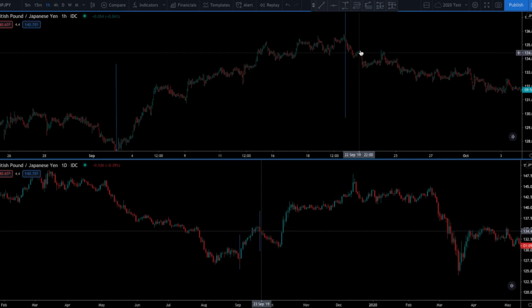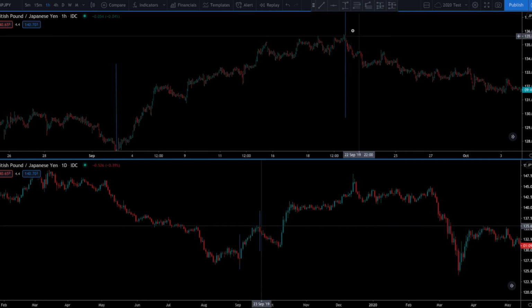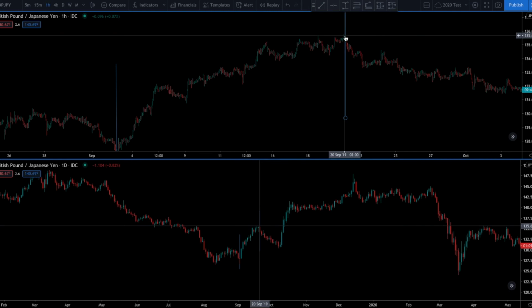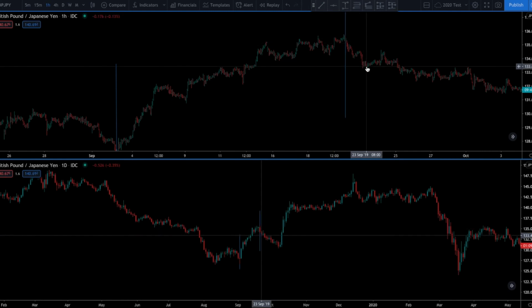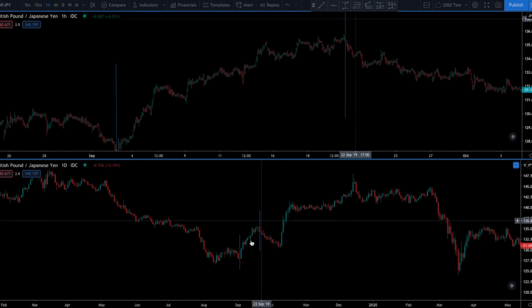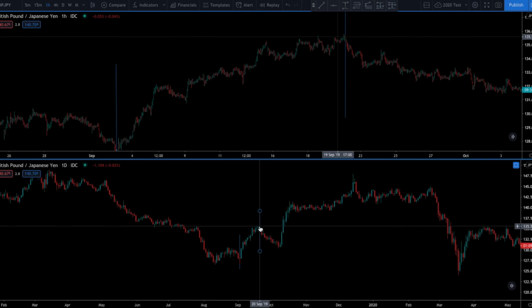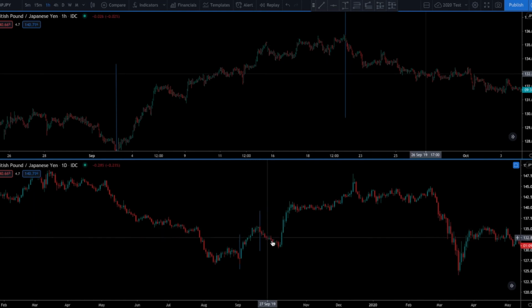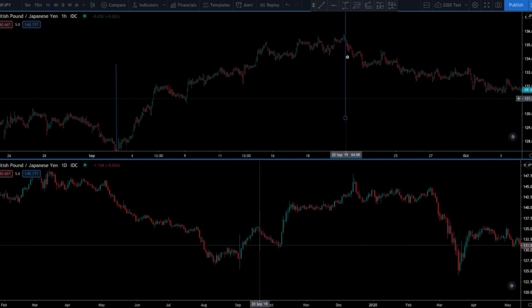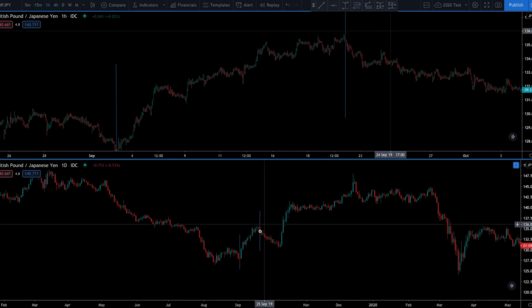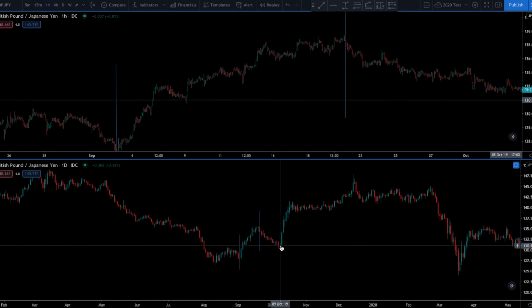And so the trend on the 1 hour chart is now changing to the downside instead of the uptrend it was in. So if you look down here on the daily, that was just a run, and now you're seeing the start of the pullback. And so on the 1 hour, now it's starting the downtrend during this pullback.